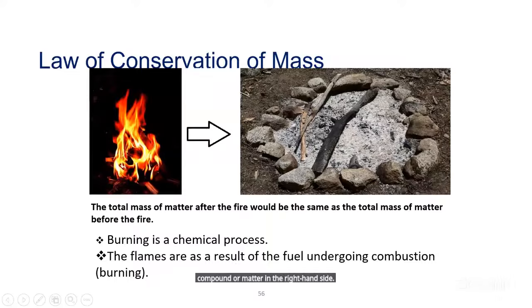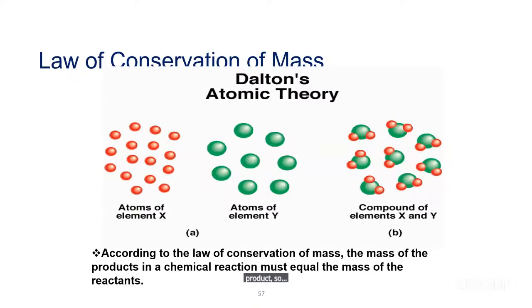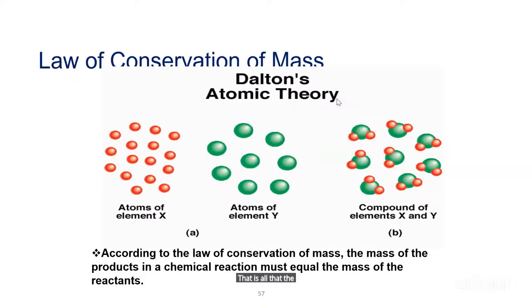Burning is a chemical reaction, but when you burn a particular mass of matter, at the end of the day you must get that same mass of product. So the mass of the product in a chemical reaction must be equal to the mass of the reactant. That is all that the law of conservation of mass states. The mass on the product side must be equal to the mass on the reactant side.